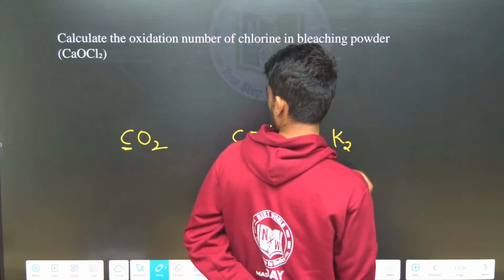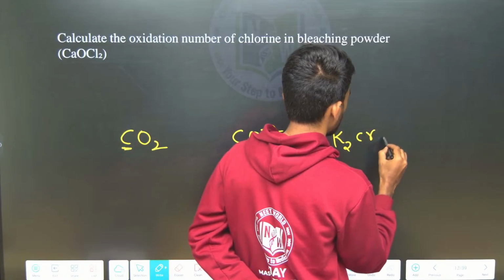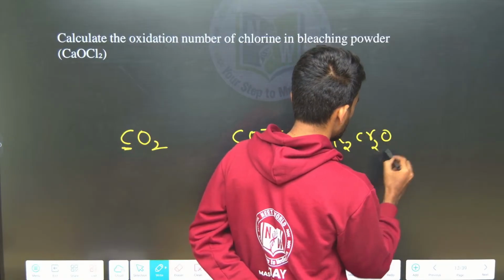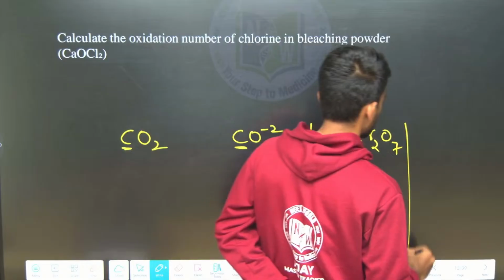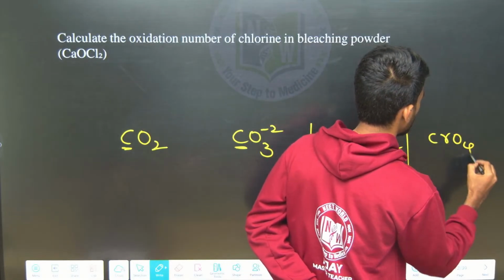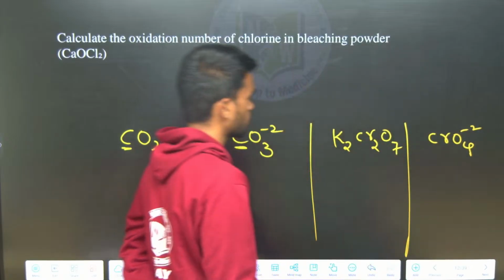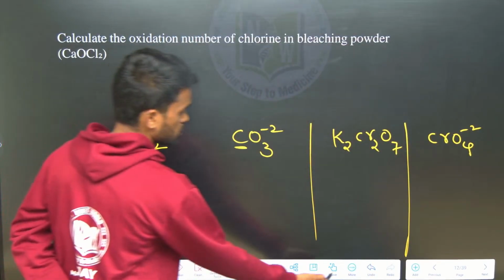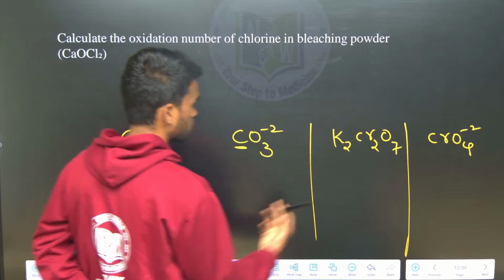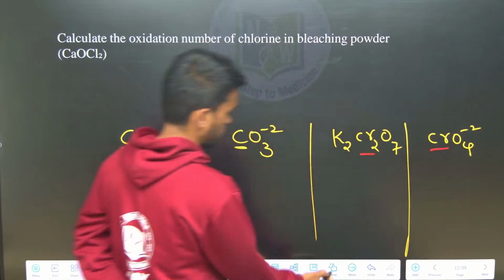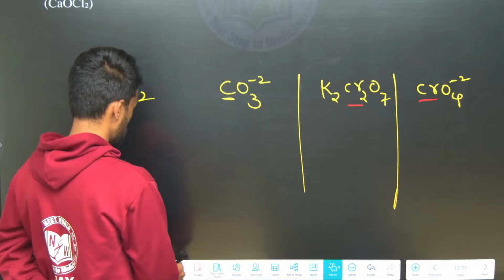K2Cr2O7, CrO4 2 minus. Fast, for chromium in this case. Tell me everyone, fast.